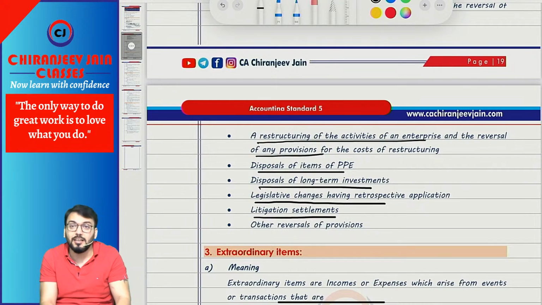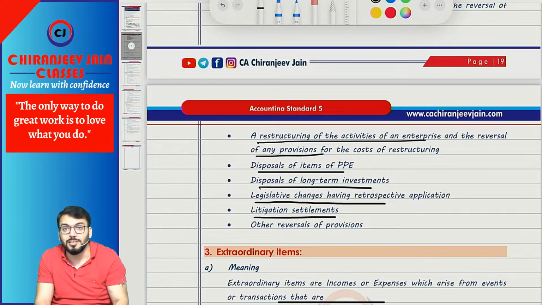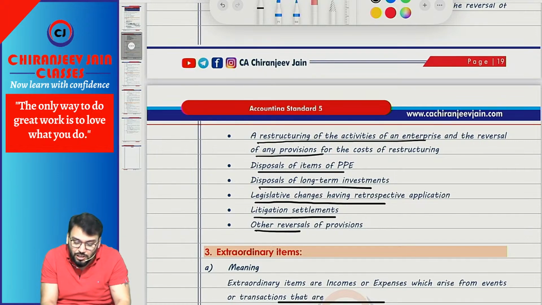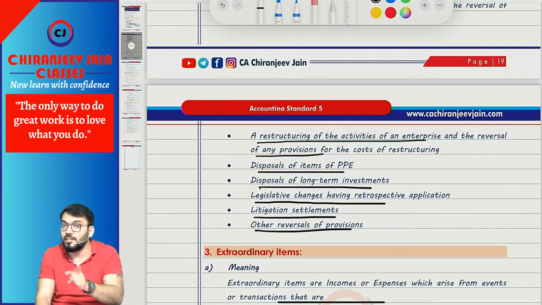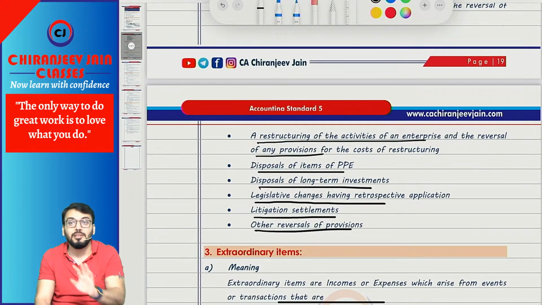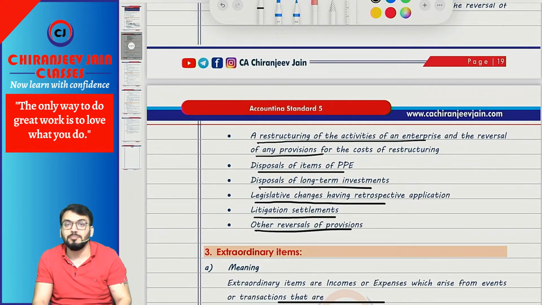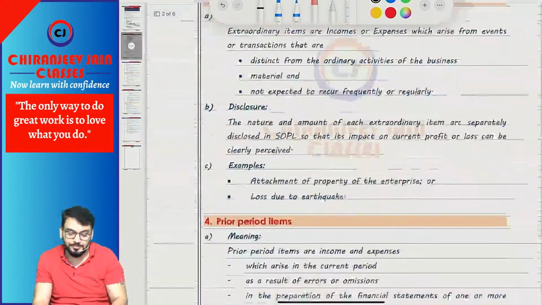Any litigation settlement, you have done some settlement for litigation etc., that will also become an exceptional item. Or any other reversal of provision will also be an exceptional item. The creation of provision is not exceptional, but if you reverse that provision, that will become an exceptional item if the amount is material. Understood? Exceptional item. Correct? Yes sir.